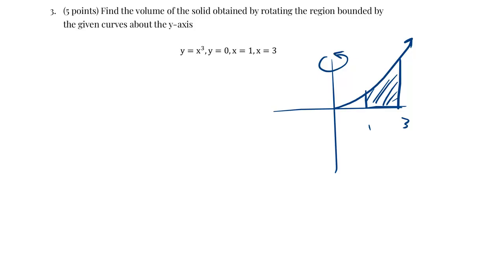I'm going to go ahead and use shell this time just so I can keep it with dx. Because these vertical rectangles are nice because the top always hits the curve. If I used horizontal rectangles, it would be different down here than up top.